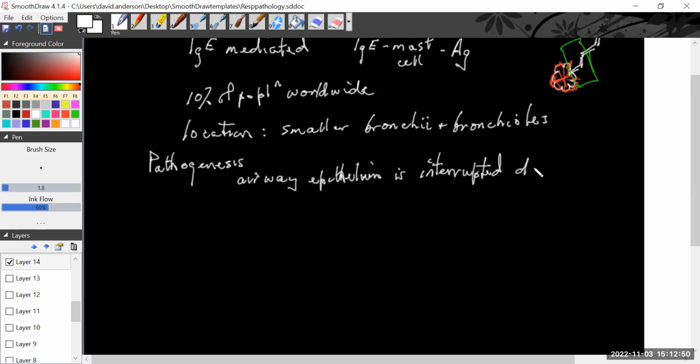It's sometimes described as being denuded, a more technical term, but just think of it being destroyed.